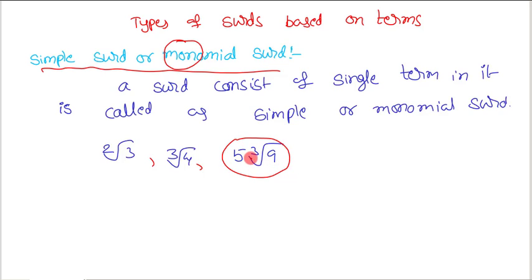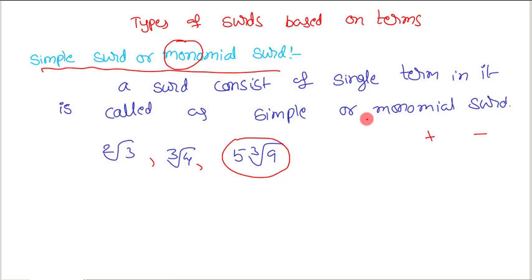Don't consider that this surd has two terms. Terms are separated by plus or minus. Here there is no plus or minus sign separating 5 and cube root of 9, which means they are in product form, and that product gives only one number.